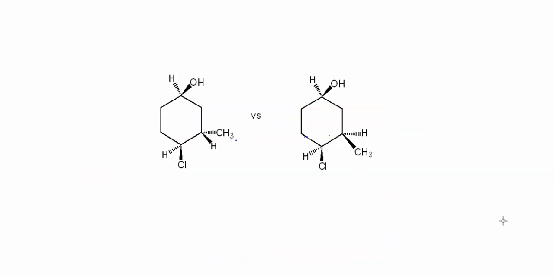All right, let's consider this example. We have two molecules. There are three possibilities. They're identical compounds, they're enantiomers, or they're diastereomers. The first thing we want to check is, are their orientations such that they're as close a match as possible?